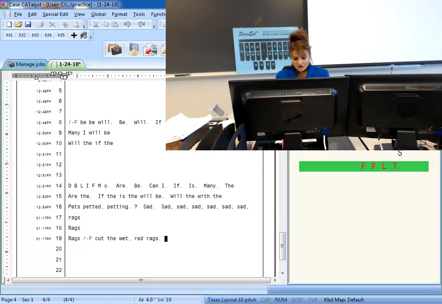Is the car stopping? Are the cars stopping? Can the car stop? The car can stop. The cats are curled up.